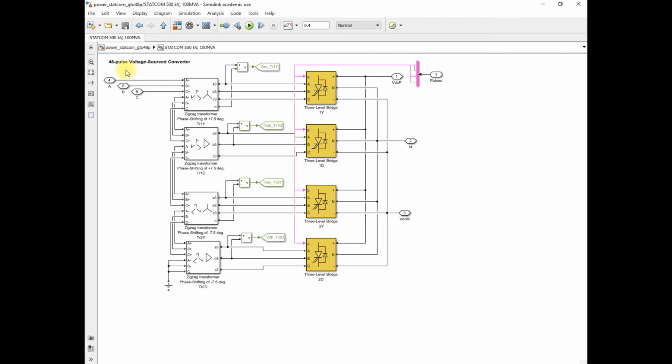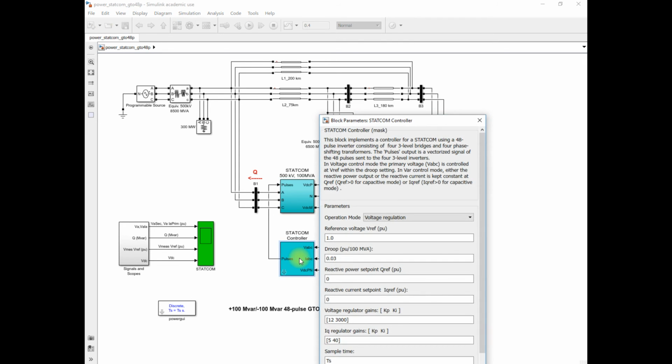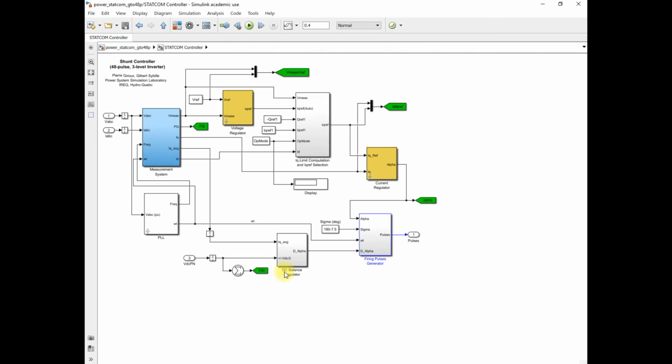So your STATCOM injects less harmonics into the power system, so you require a small size of filter to filter out these harmonics. So this is the STATCOM voltage source converter, and this block, the STATCOM controller, generates the gate pulses for all these thyristors of the voltage source multi-level converters.